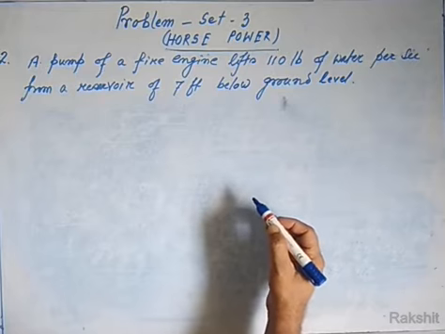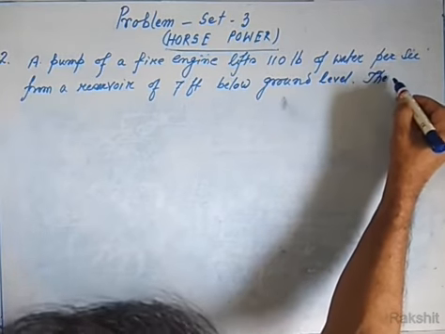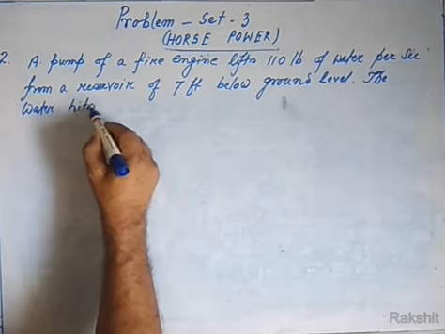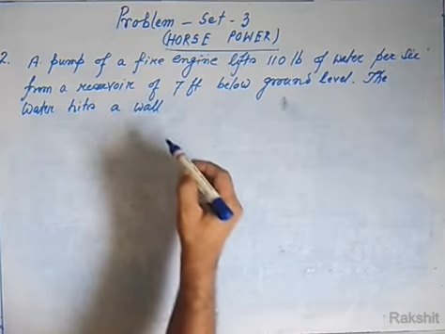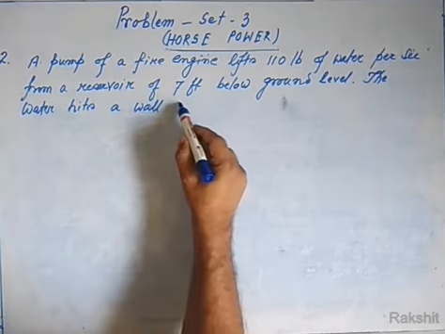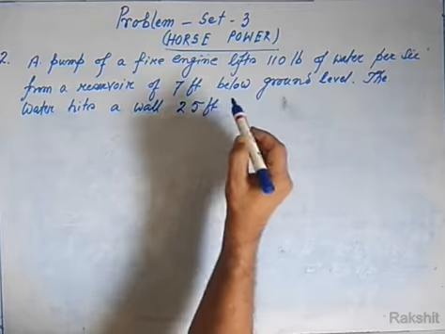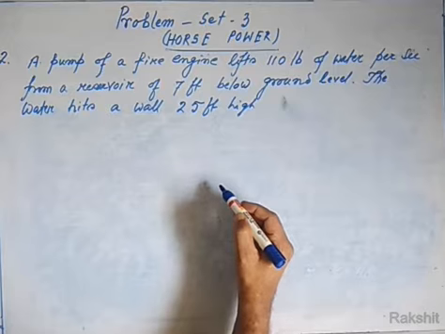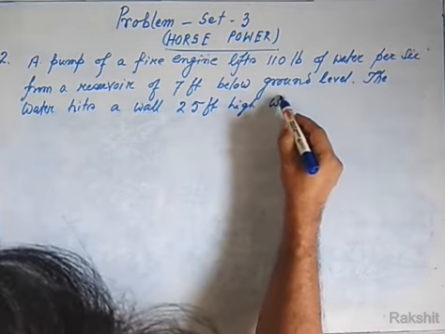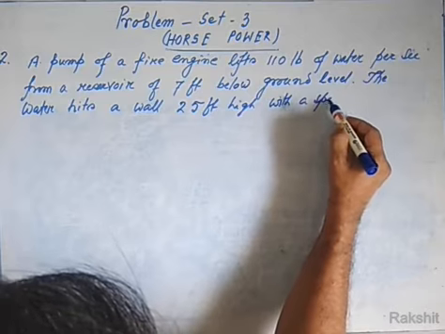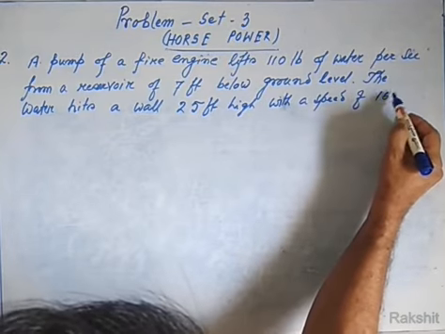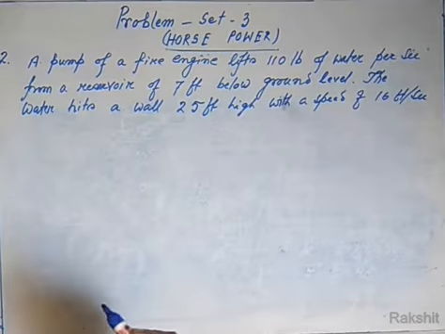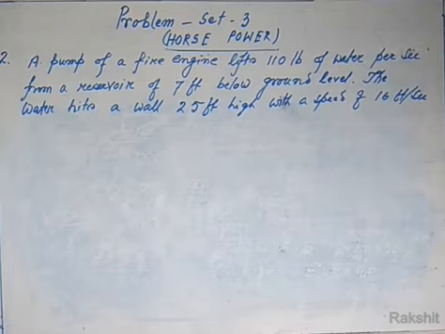The water hits a wall (25 feet high) with a speed of 16 foot per second. Find the power of the pump.